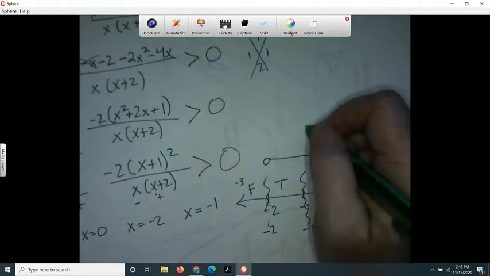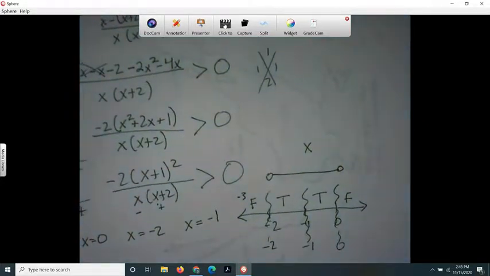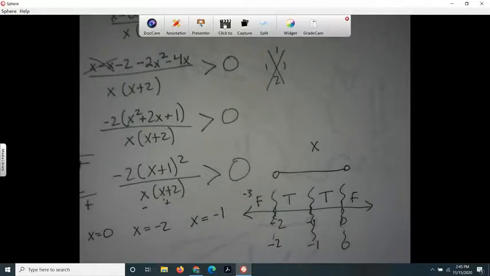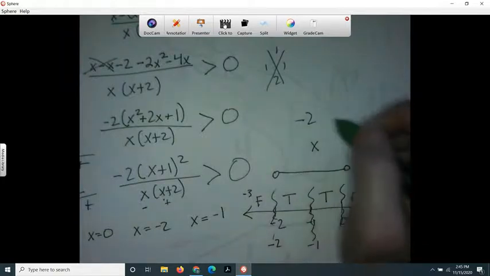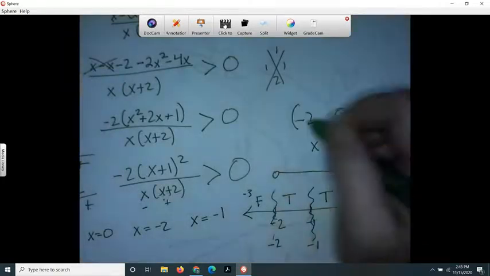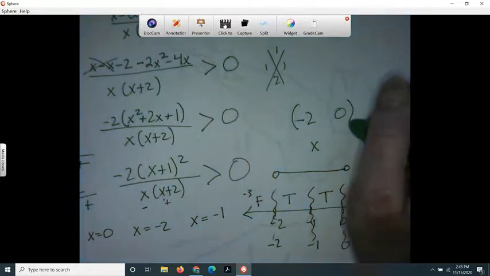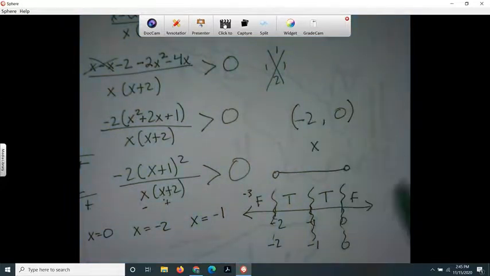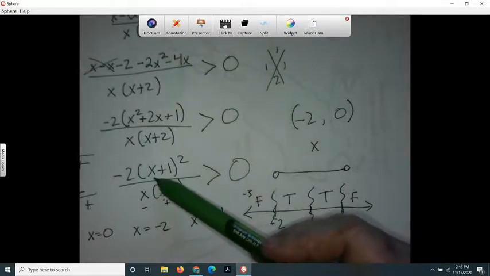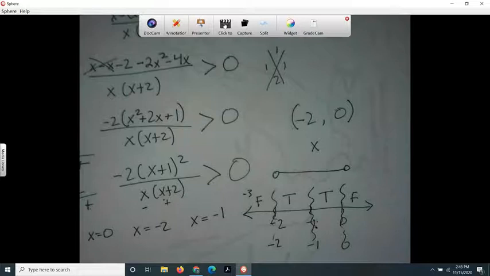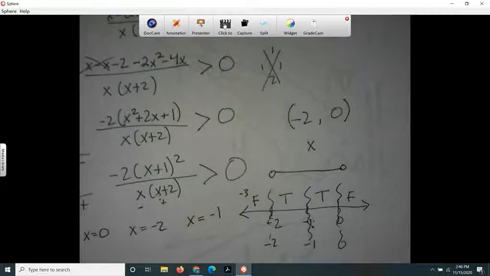And let's use our favorite notation, interval notation. Can I say it's -2 to 0? Oh, wait, but it can't. I was going to say it was between -2 and 0, but then I remember it can't be -1 because -1 is not a solution. So we're going to have a union.